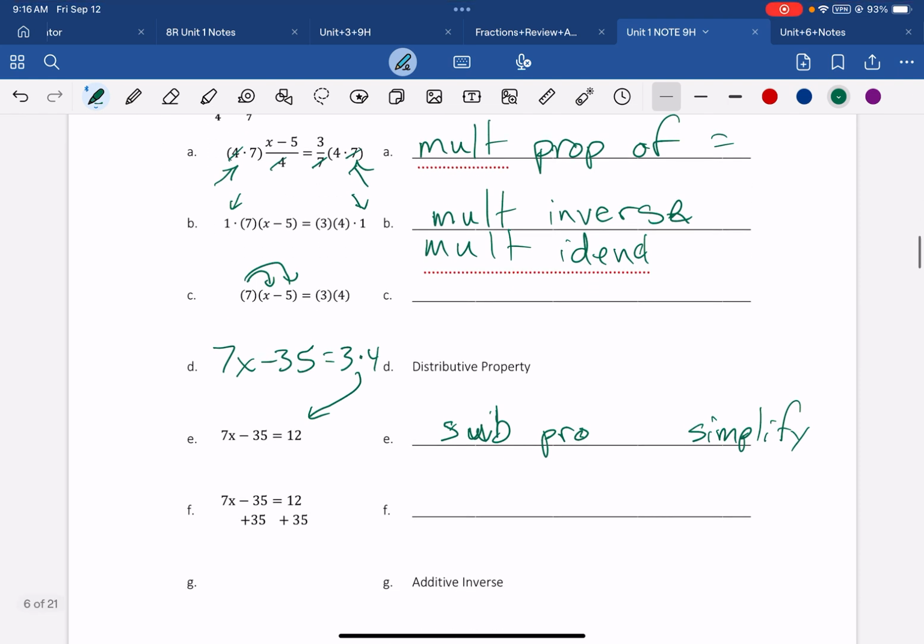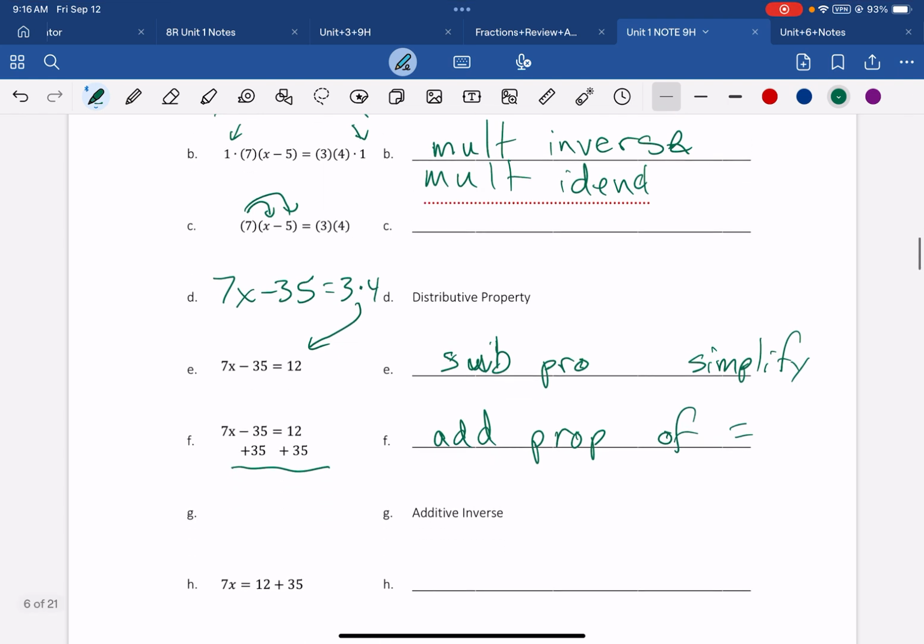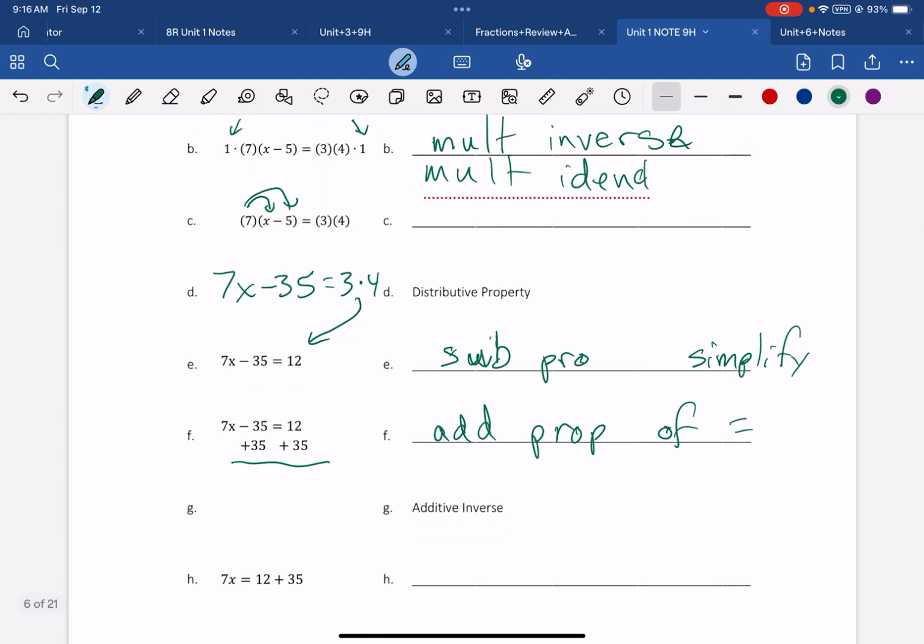All right. Next, it looks like we added 35 to both sides, so that's the additive property of equality. Okay, we are now going to only apply the additive inverse. So this 7x, when they add together, is the additive inverse, creating a 0.